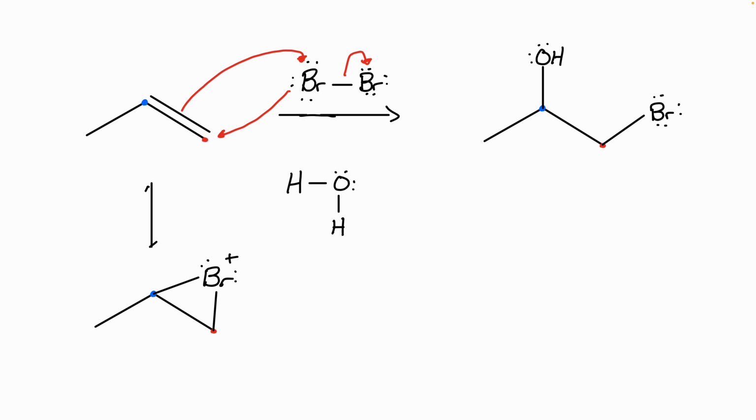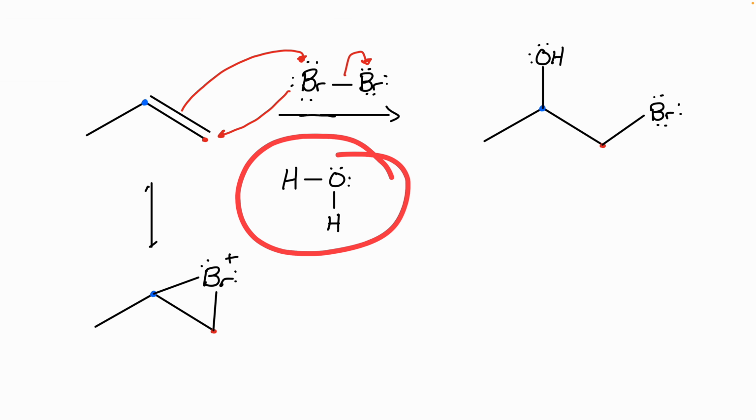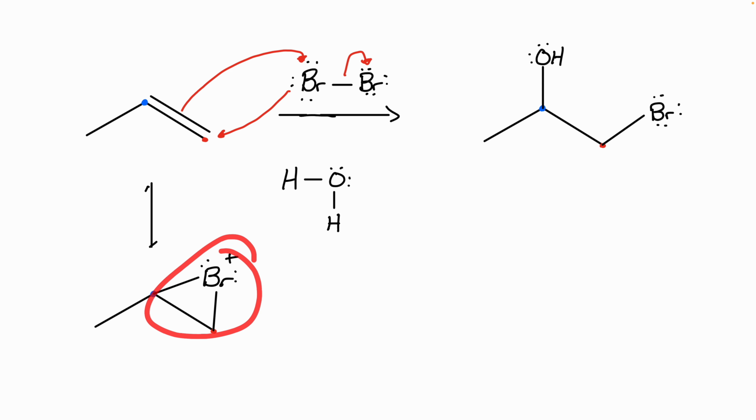All right, we haven't used our water yet. So out of these two, water and this cyclic bromonium ion, what's my nucleophile and what's my electrophile? In this case, the electrophile should be pretty easy to spy. What was it that gave it away? That positive charge. So my water is going to be my nucleophile. Let's look carefully: which carbon is my water going to attack, the red or the blue?